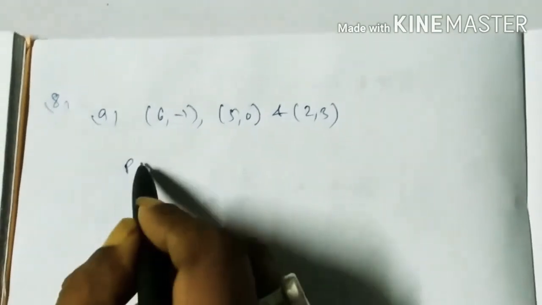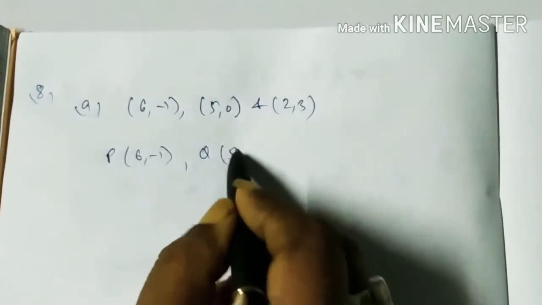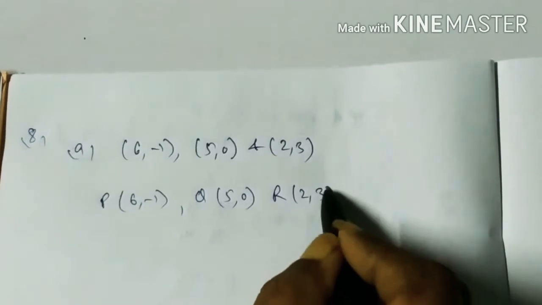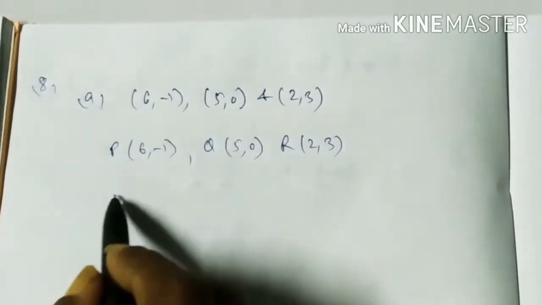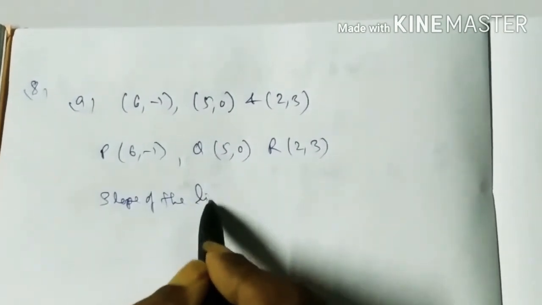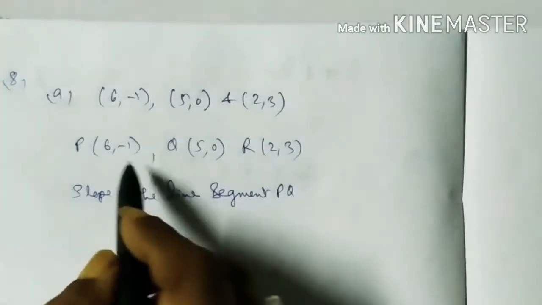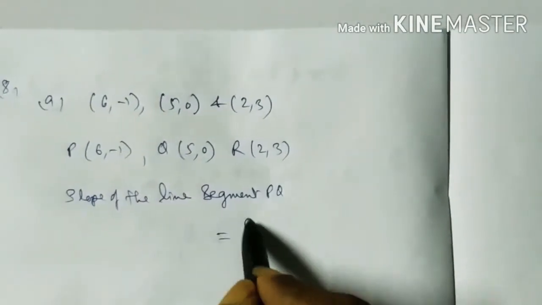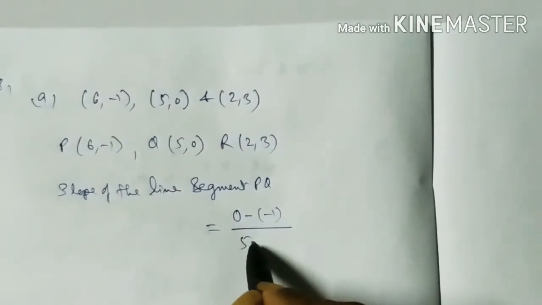Let this point P be (6, -1), Q be (5, 0), and R be (2, 3). First of all, I am going to find out the slope of the line segment PQ. It's not PR, PQ, sorry. So this will be equal to (y2 minus y1), 0 minus minus 1, by (x2 minus x1), 5 minus 6.